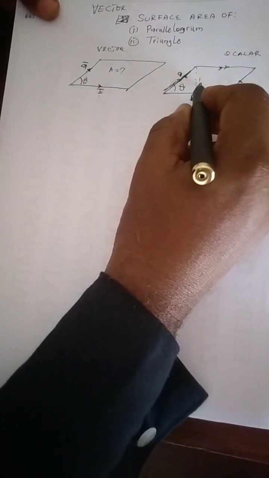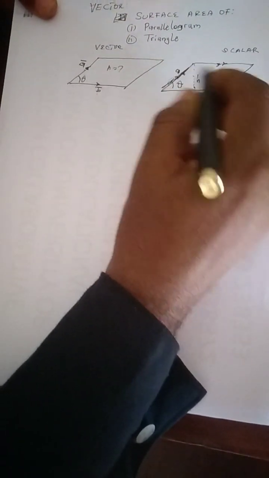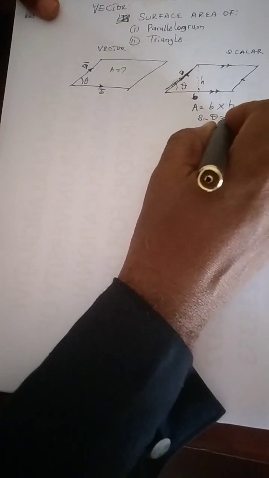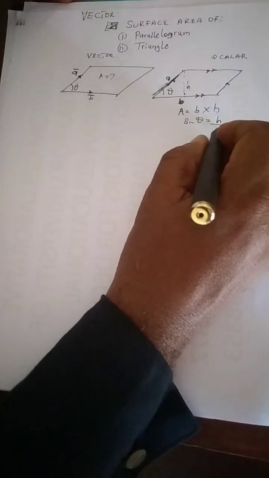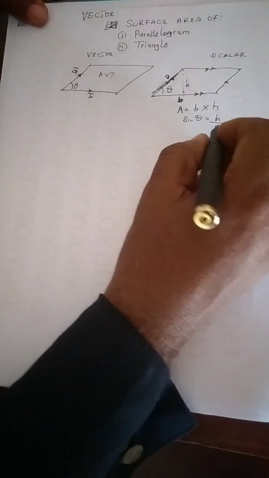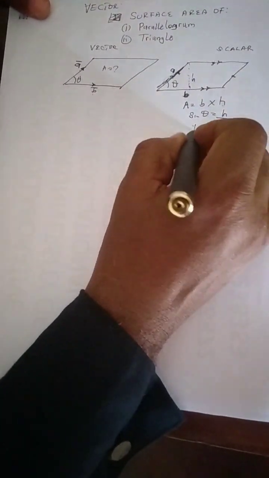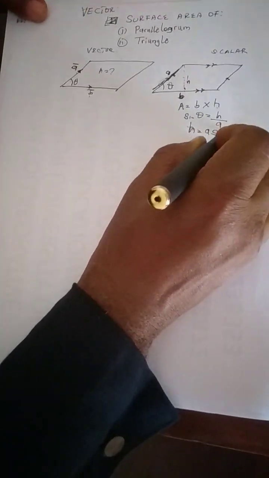Now, to find this h, we can use SOHCAHTOA. Sine theta is opposite over hypotenuse. Sine theta is equal to opposite h all over hypotenuse. The hypotenuse is a. So now to find h, we cross multiply. Our h is going to be a sine theta.